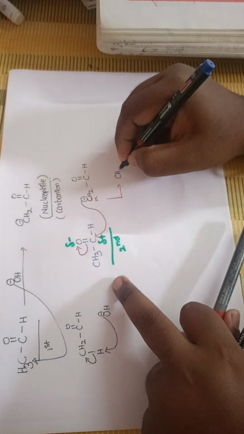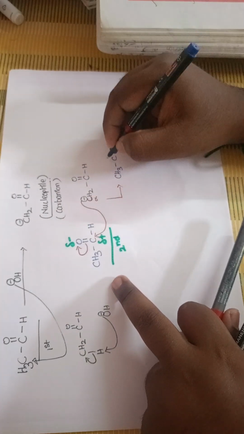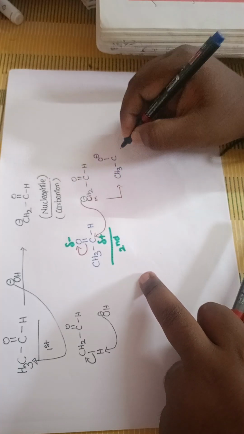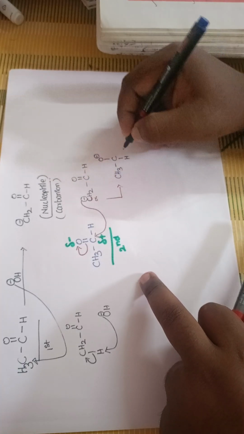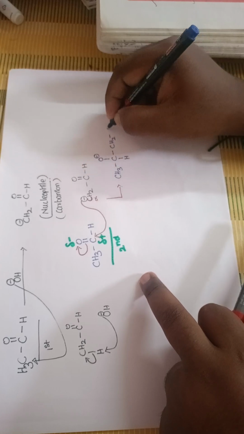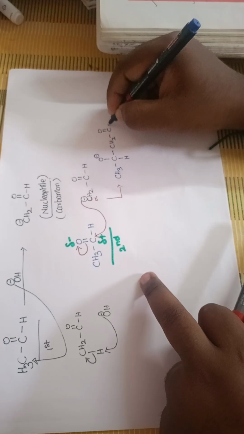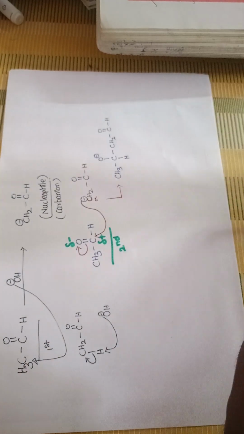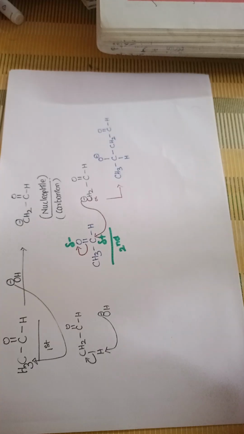See the CH3 will come as it is. C, the pi bond will get break and the oxygen will get a negative charge. This is already existing hydrogen. Now it is going to be new bond with CH2, which is bonded with. This way we will get the structure. Now this will abstract one proton from solvent.